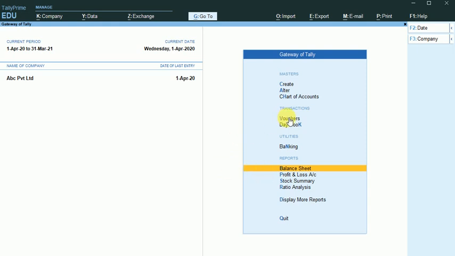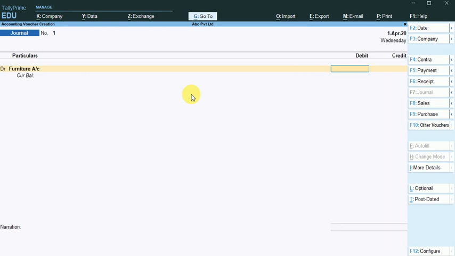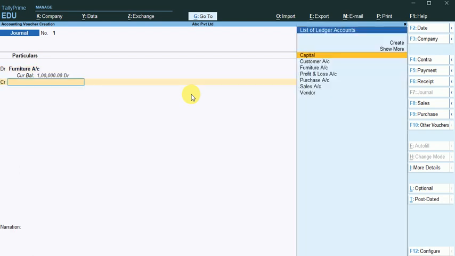So I'm going to the vouchers. I'm selecting journal F7. So the debit will be, I'm going with the purchase of an asset. The purchase furniture will be debited. Let's say the cost of the asset is 1 lakh rupees. So the credit is, I'm using the vendor account.